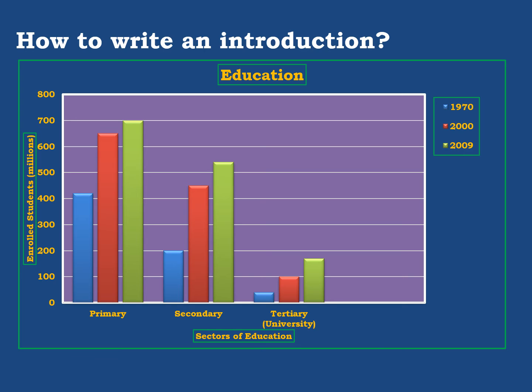We said that we need to include the title, and here the title is education. We need to include the numbers here in millions. We need to include the sectors, which are primary, secondary, tertiary, and we need to include the key, which is the years 1970, 2000, and 2009.